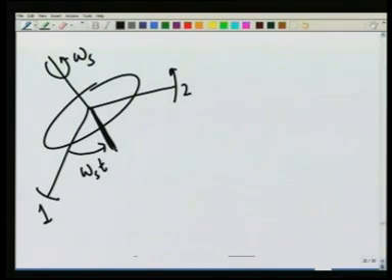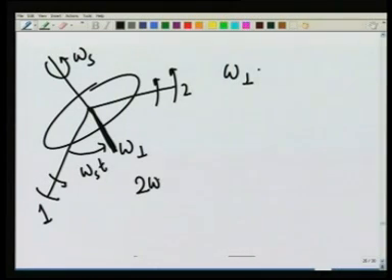So, that means this must be rotating a little faster. How much faster? These axes are rotating already with omega s. So, that means the omega component perpendicular to the third axis is rotating really at 2 omega s.